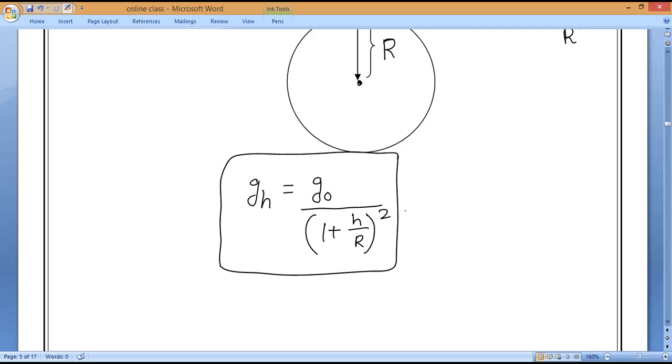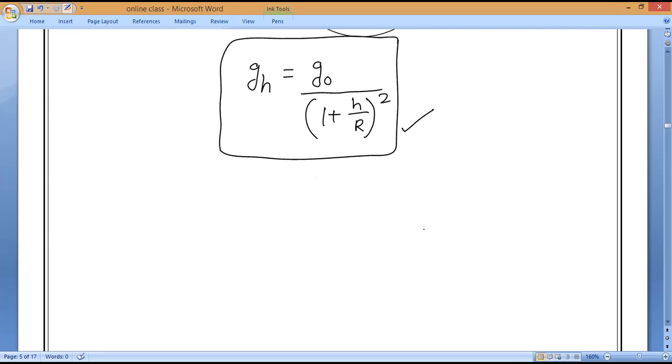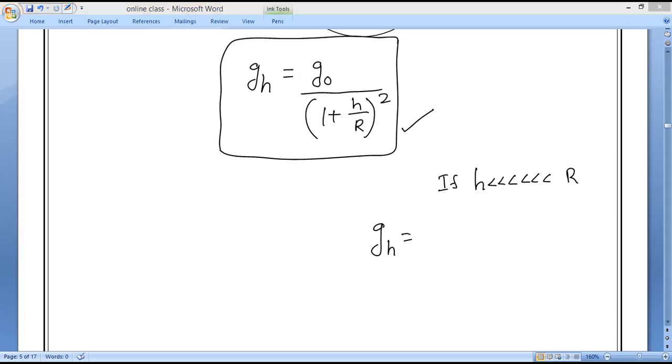Now, this is what you should understand. If the h value is extremely smaller than the radius of the planet, then use the formula. g_h equals, what is the formula? G naught into 1 minus 2h divided by r.